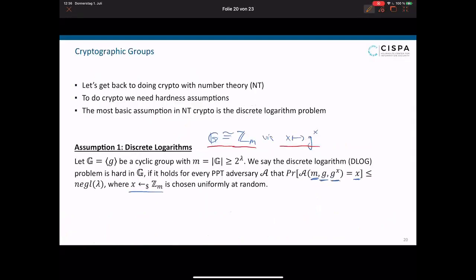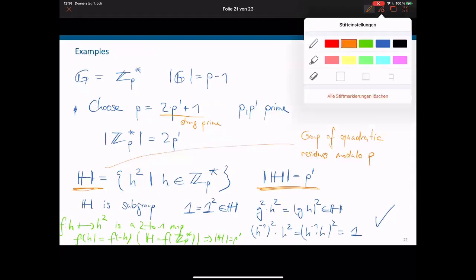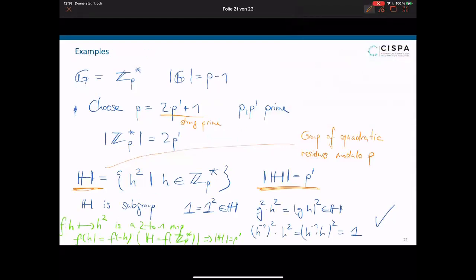And we talked about this assumption 1 here, that computing discrete logarithms is hard. This group H was, in fact, historically the first group for which this was conjectured, and it still holds.